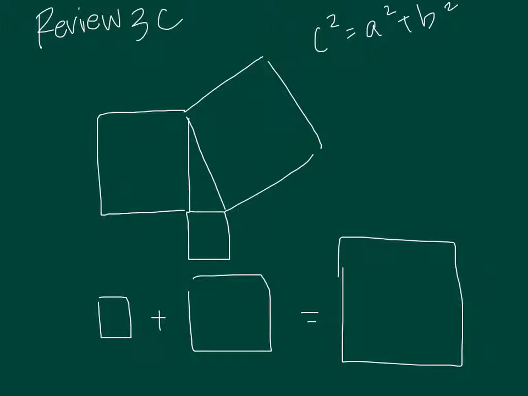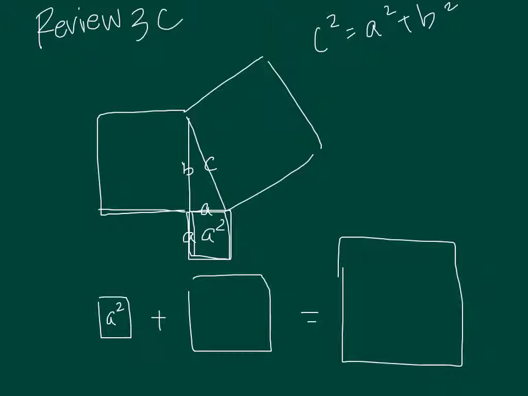So basically, this is one of the simple or most famous proofs. Let's call the shortest leg A, long leg B, hypotenuse C. Then the area of the small square is A times A, so that's A squared.